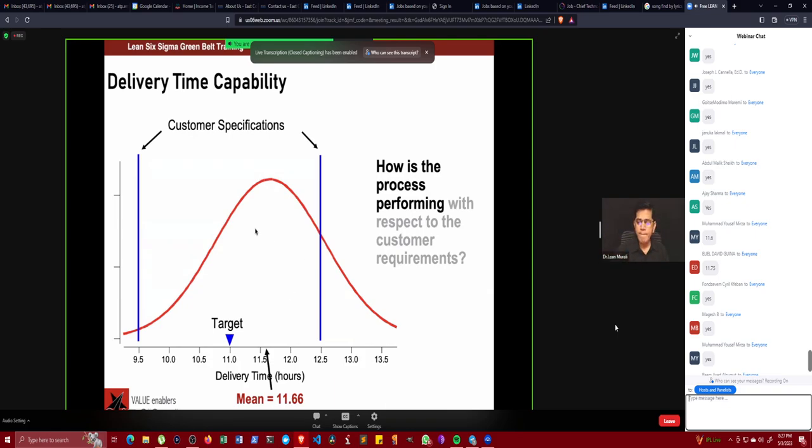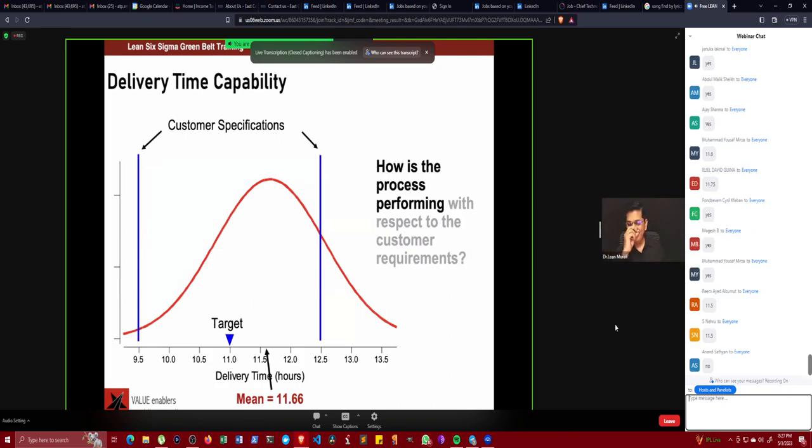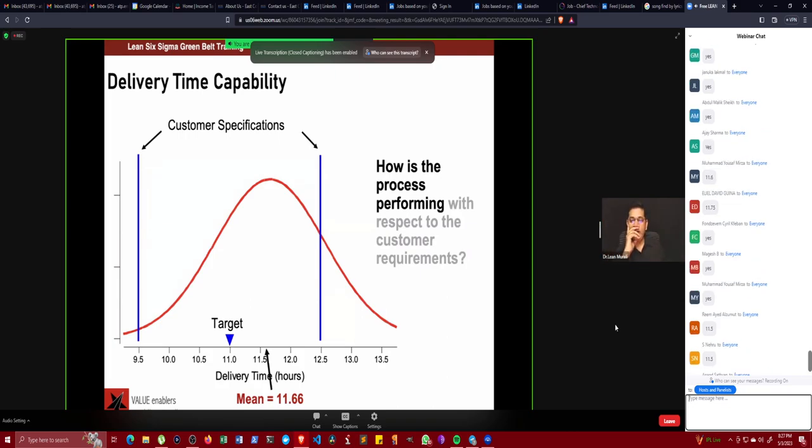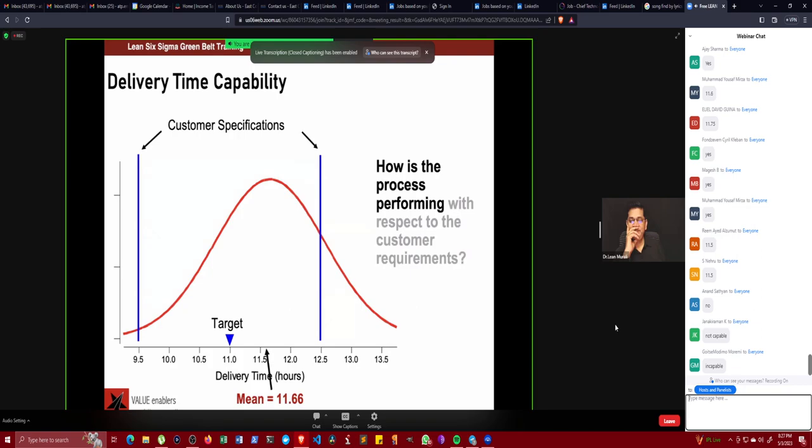Now, just looking at the graph, I want you to answer whether this truck delivery process is capable or not capable. Tell me, capable or not capable? Incapable, partially capable.